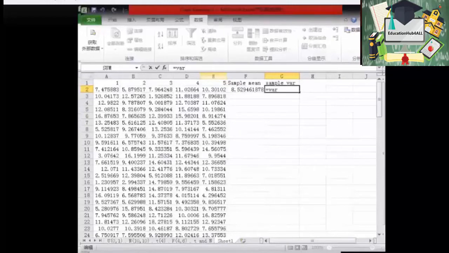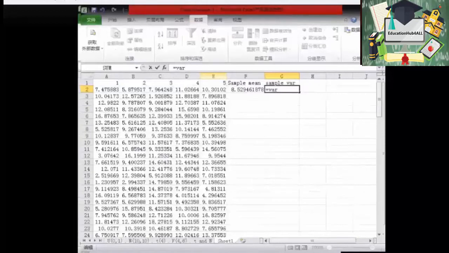The difference in the first 2 is the degrees of freedom. Exactly, VARP is like the maximum likelihood estimation. It's the sum of squares divided by sample size. This one is the sum of squares divided by n minus 1. So that's the difference.